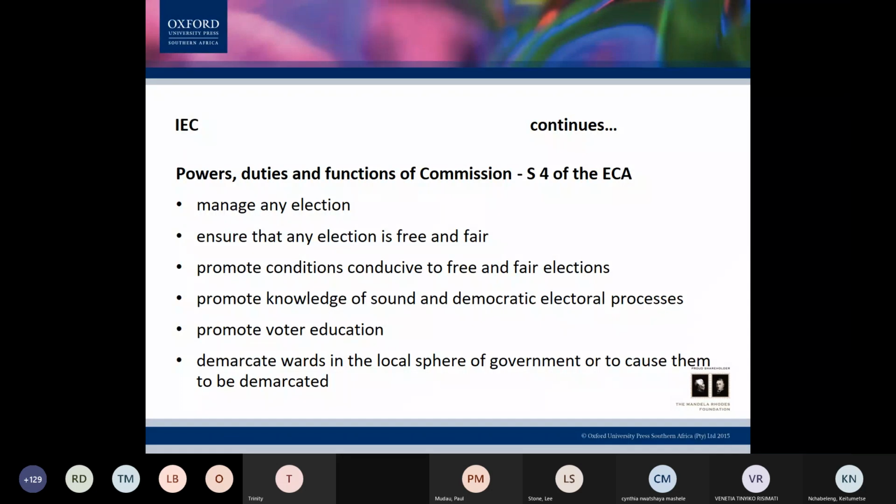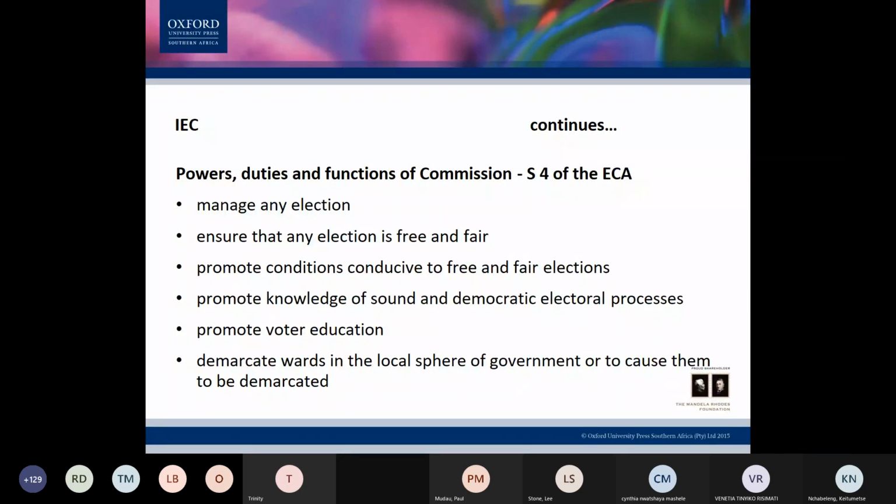So that's a rife or general challenge that is being witnessed mostly in Africa. However, in the context of South Africa, we all know that the IEC has been able to create conditions that are conducive to free and fair elections.